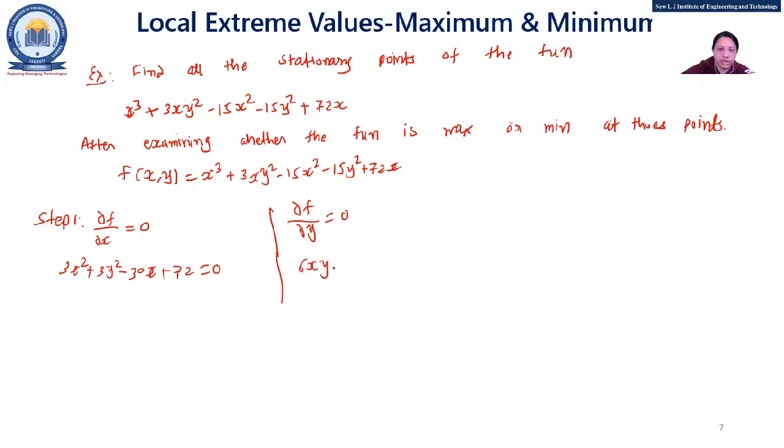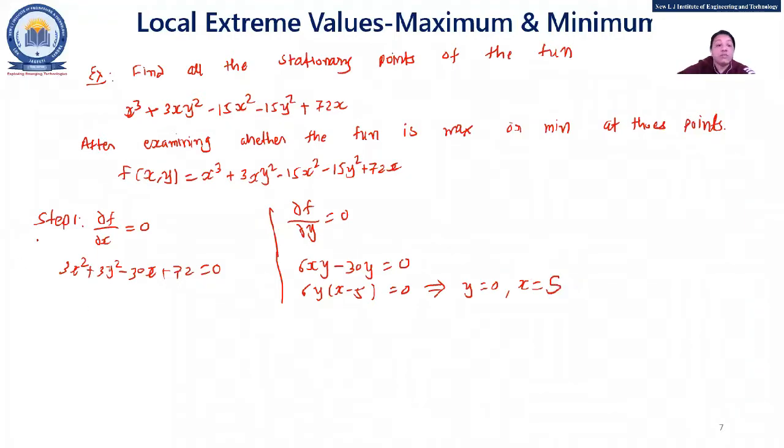So 6xy minus 30y equal to 0. So 6y can be common, so y times x minus 5 equal to 0. From this we can write y equal to 0 and x equal to 5.